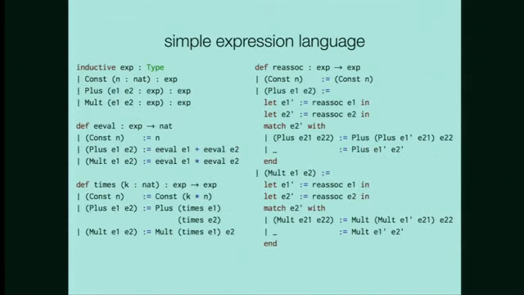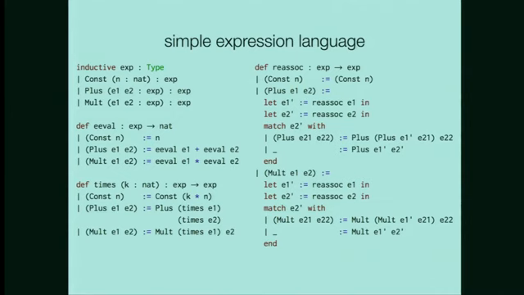The final example, you have just this simple expression language. This is from Adam Chlipala's book, this example, right? Where he has an expression, he has an evaluator that converts expressions into natural numbers, he has a few transformations. I'm running a little bit out of time.